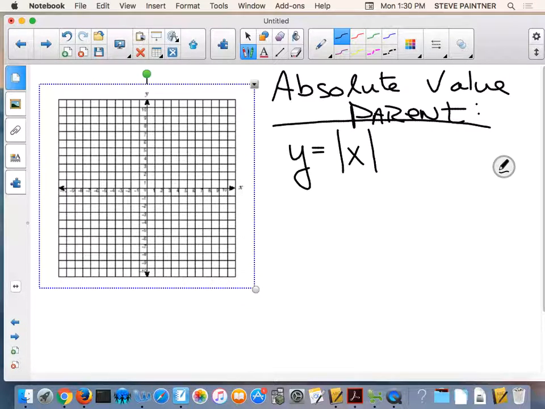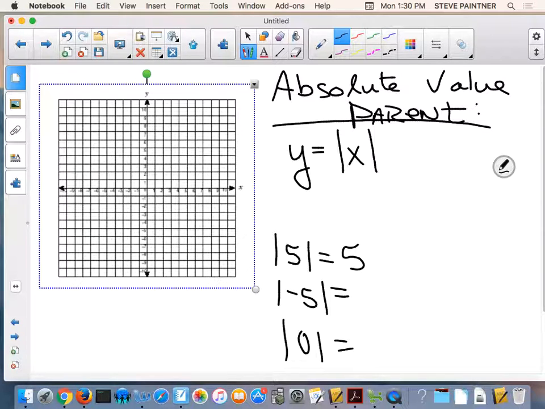Now, can I ask you just a couple quick questions? What's the absolute value of 5? 5. Absolute value of -5. 5. Absolute value of 0. 0. Okay, you guys all seem to know the answer.